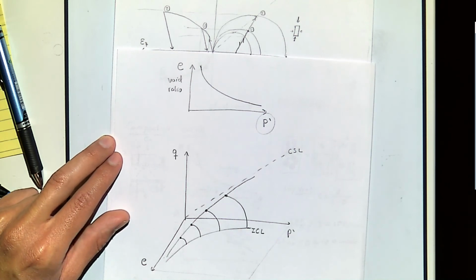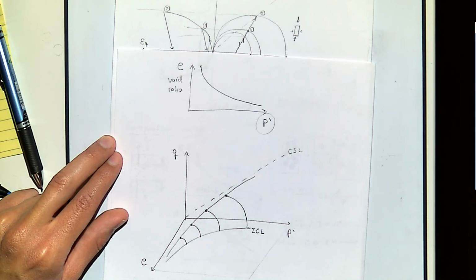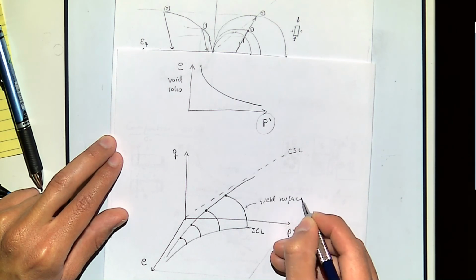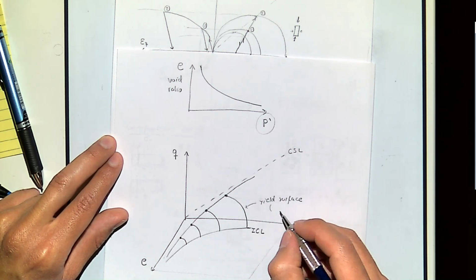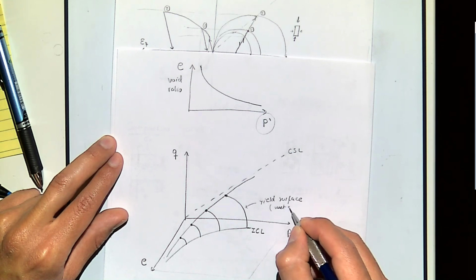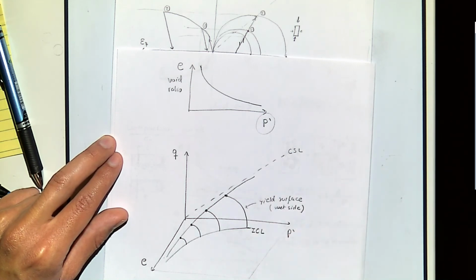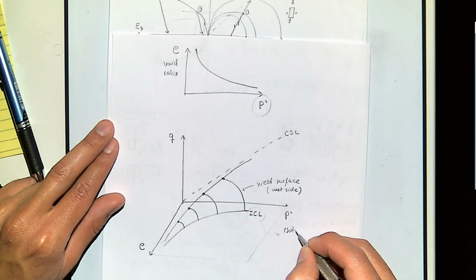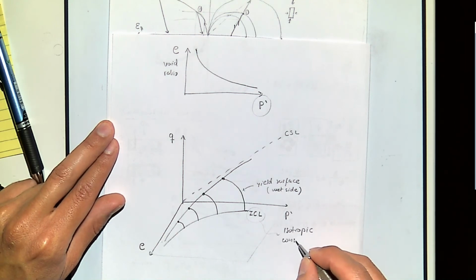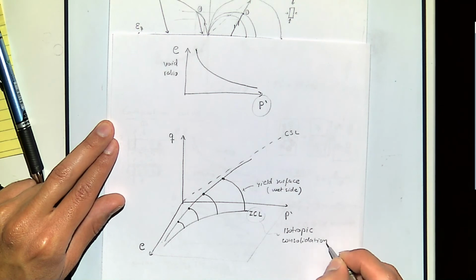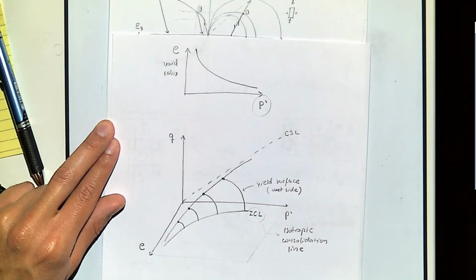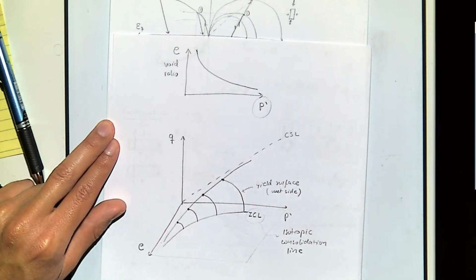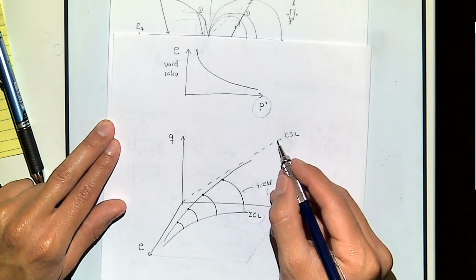Can you write down what those curves look like? This is a yield surface, on what is called the wet side. This one is what is called the isotropic consolidation line. And the very first line you drew in void and Q space, what's that? This is the critical state line. No, the one just below. So this one is on the PQ space.